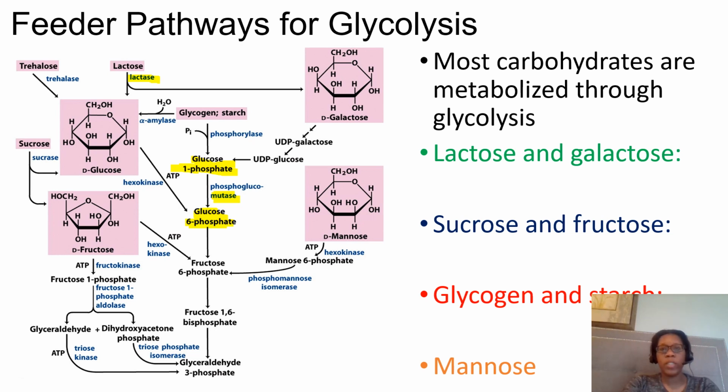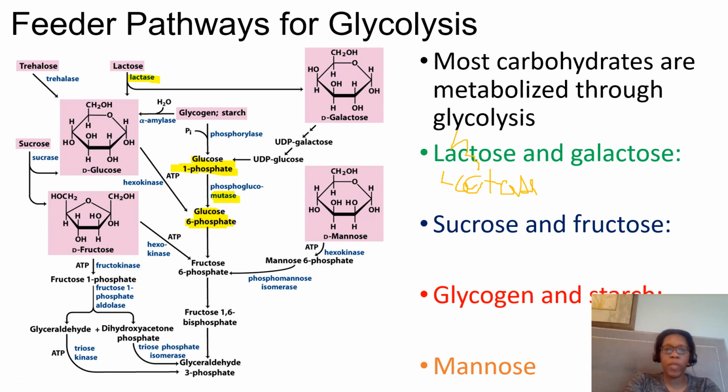So lactose gets broken down by lactase. So we're going to break apart this lactose by lactase. All right, so we broke that apart and we created glucose and galactose.